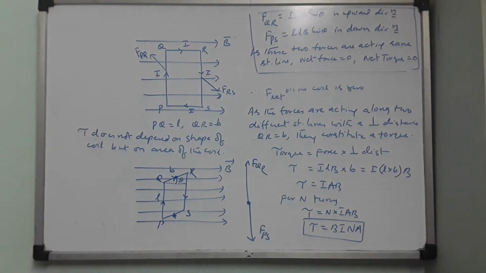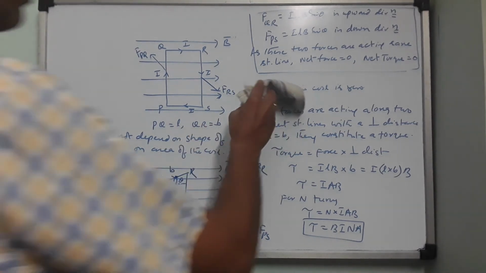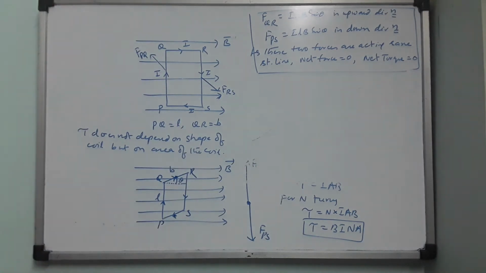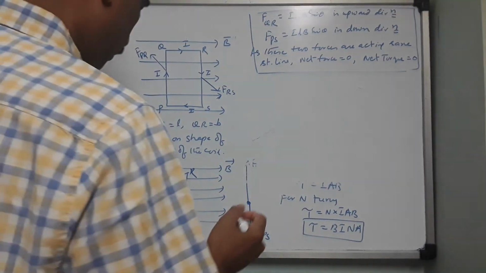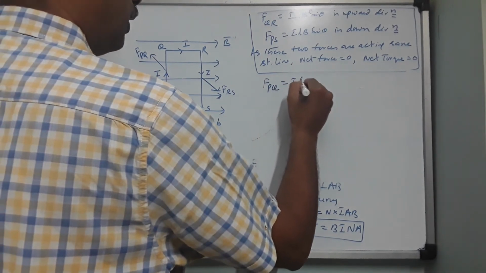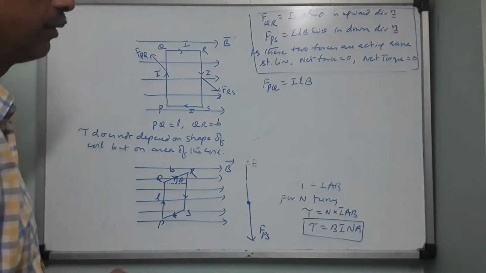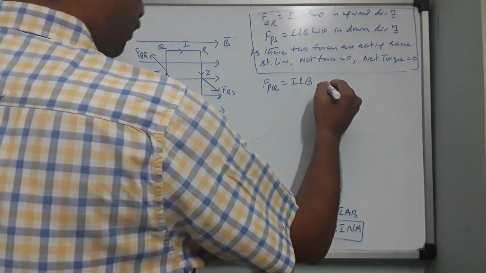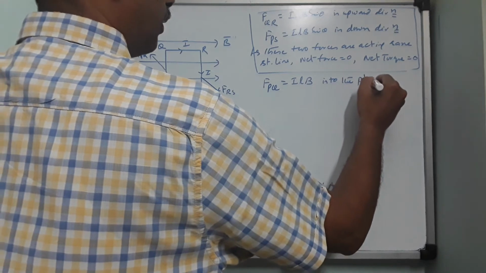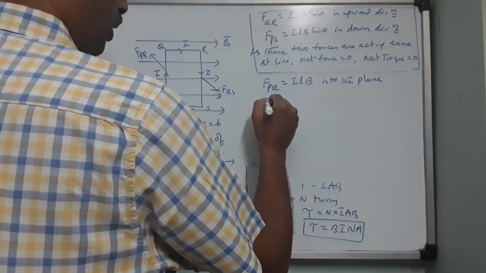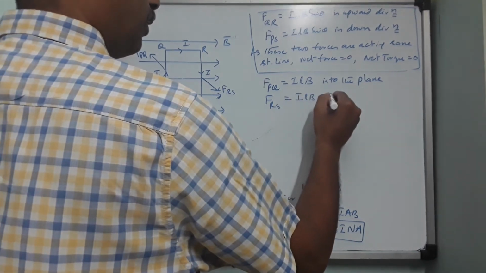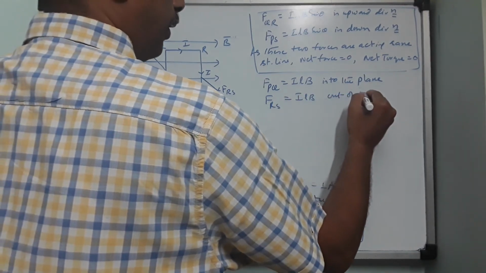Force FPQ equals ILB, into the plane of the board. FRS is also equal to ILB, out of the plane.